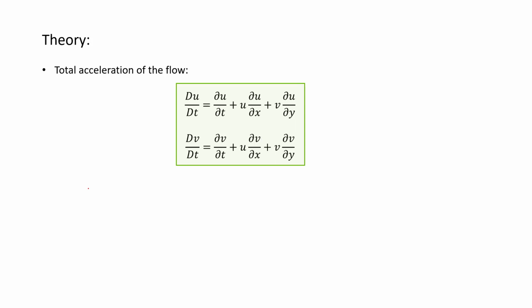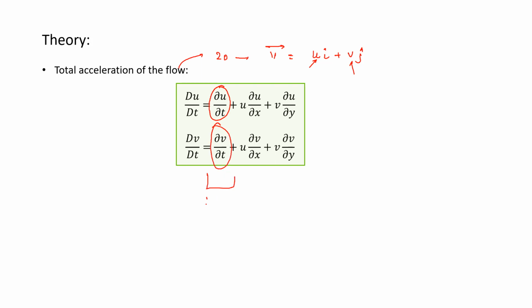Here I have written it down in component form. For a 2D flow, meaning you will have the velocity field V being some u i cap plus v j cap. So you have the u component in the x direction and v component in the y direction. Then you can write down the total acceleration, which comprises the local acceleration.